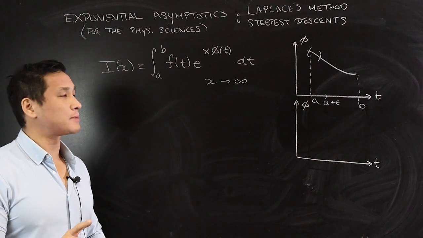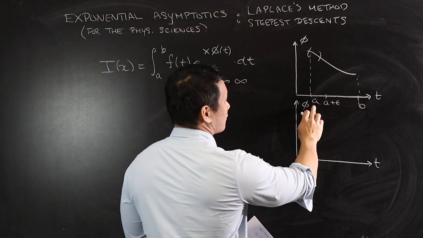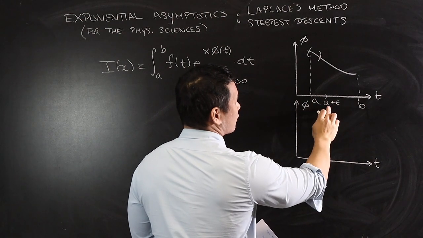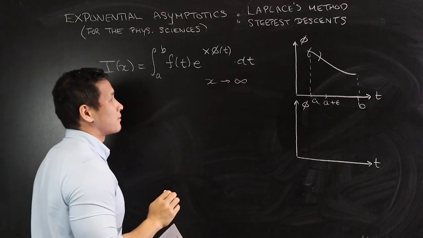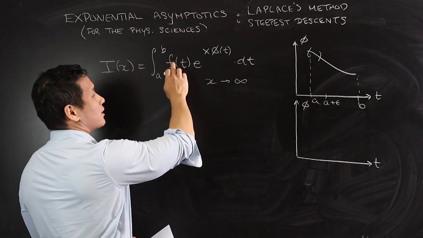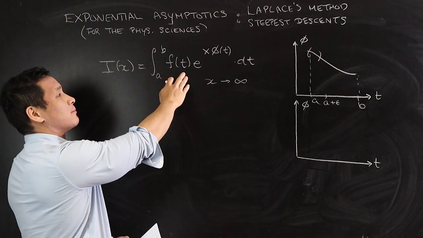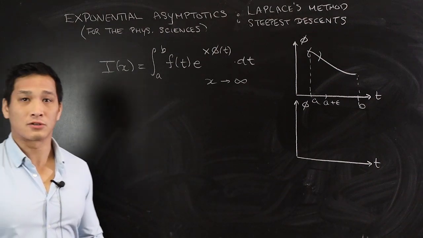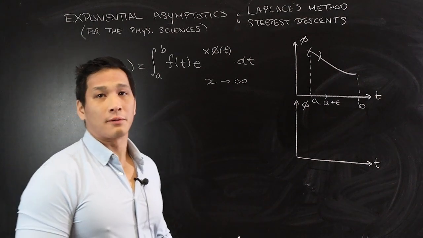One of the key steps that happens when you do this approximation is that when you truncate it from a to a plus epsilon, you then apply this trick where you can actually expand this right endpoint of integration all the way to infinity. And you can essentially do that because when you Taylor expand the integrand, the f and the phi components, you basically end up with a Gaussian in a lot of cases, and then it doesn't really matter if you extend it to infinity because you just introduce exponentially small errors. So that's one version of Laplace's method.